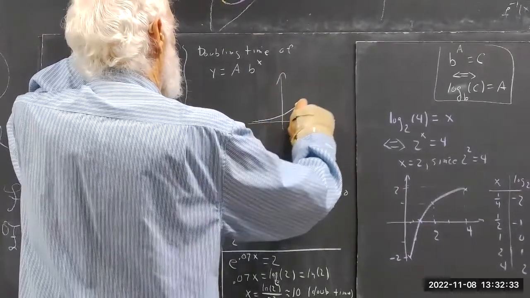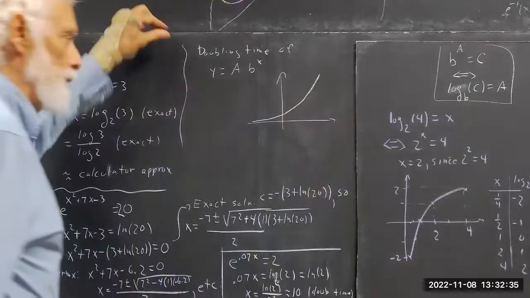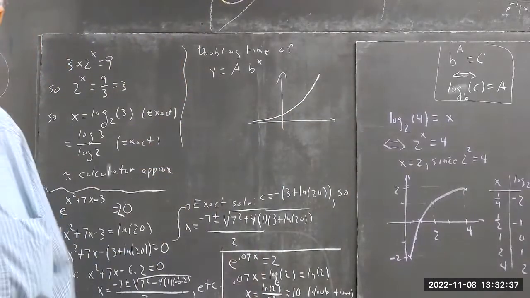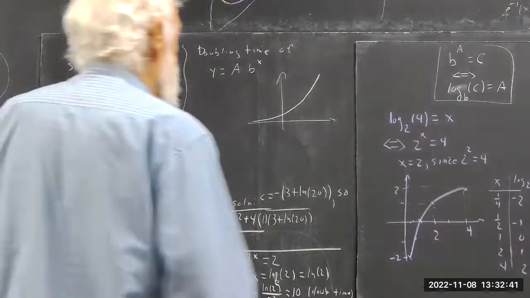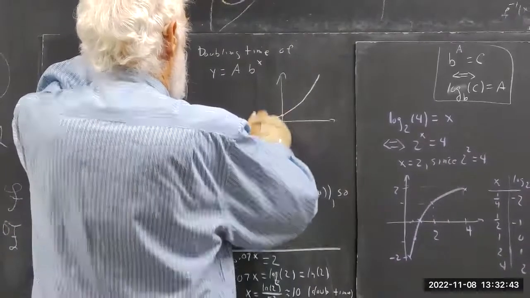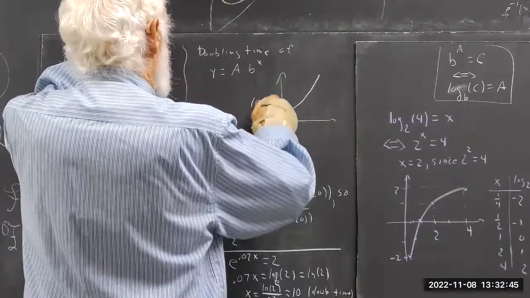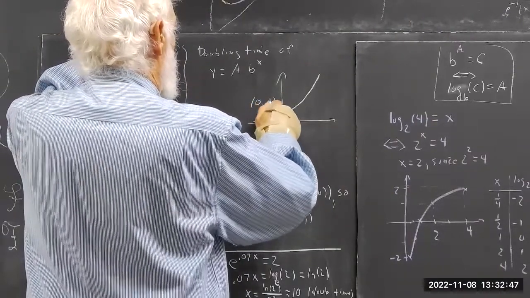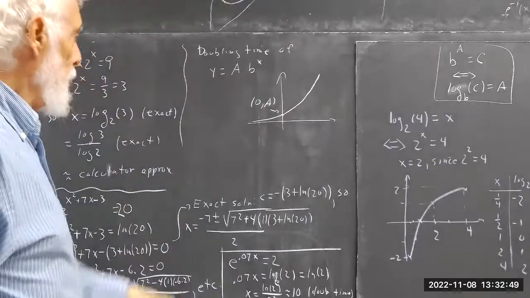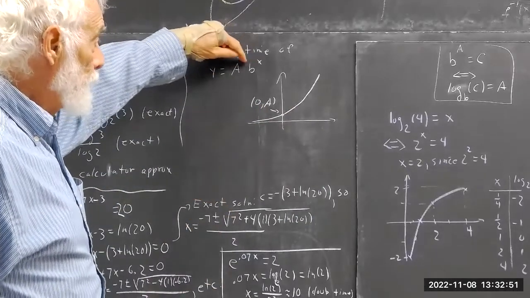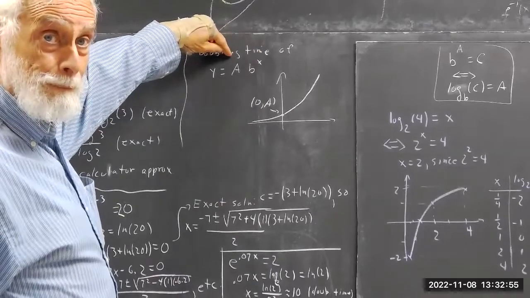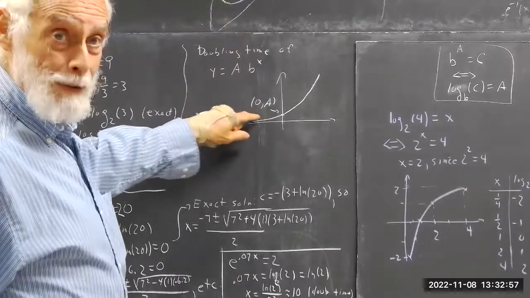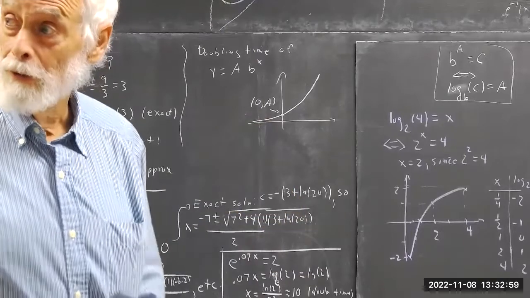A b to the x has a graph that looks exactly like y equals 2 to the x, but with different numbers. First of all, the y-intercept is (0, a), because obviously when x equals 0, b to the x equals 1, and you get y equals a. So it's a no-brainer that the y-intercept is (0, a).